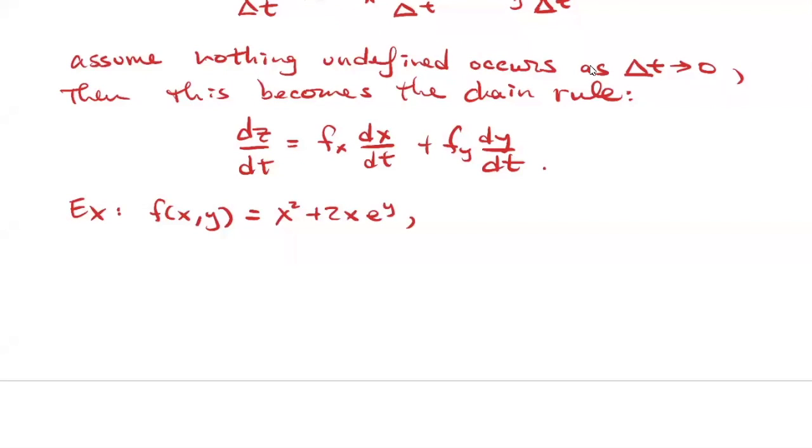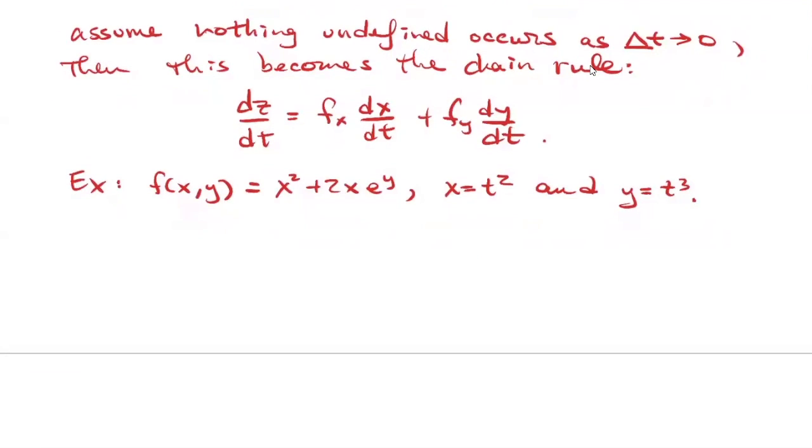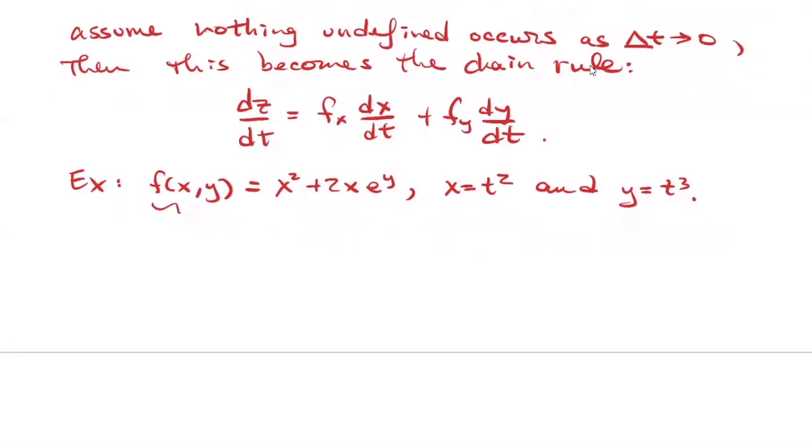And then let's say that x is t squared and y is t to the third. Okay. Then, of course, z is f of xy.